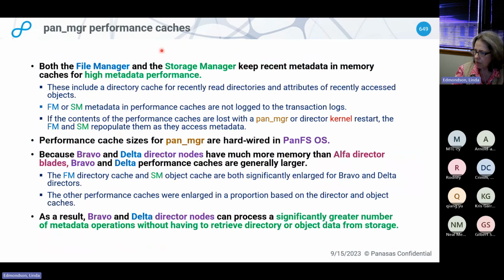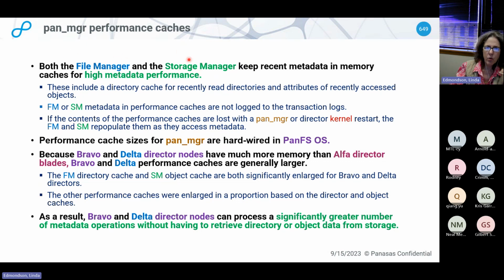Now, I don't believe that I told you what the transaction logs hold. Well, I did mention it. For the FM, the critical ones are the list of the clients that have callbacks for objects in the volume. The actual callbacks are not there. It's just the list of the clients that we're keeping track of. There's some other things.